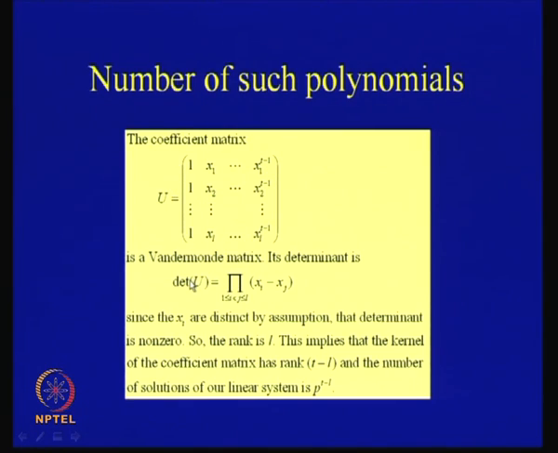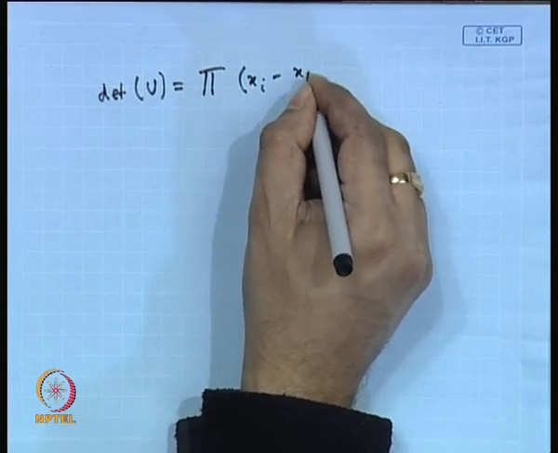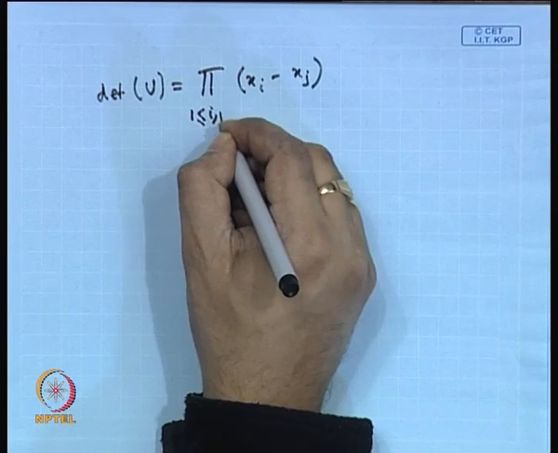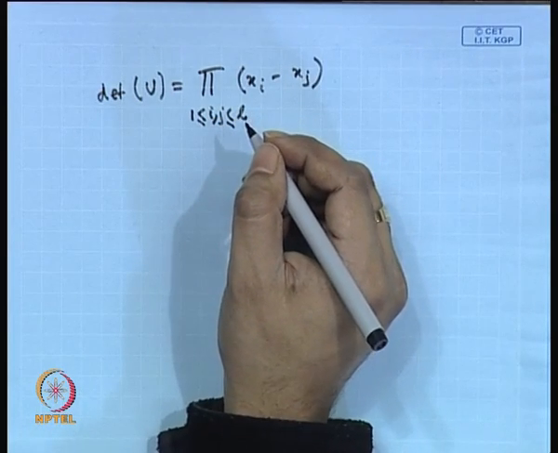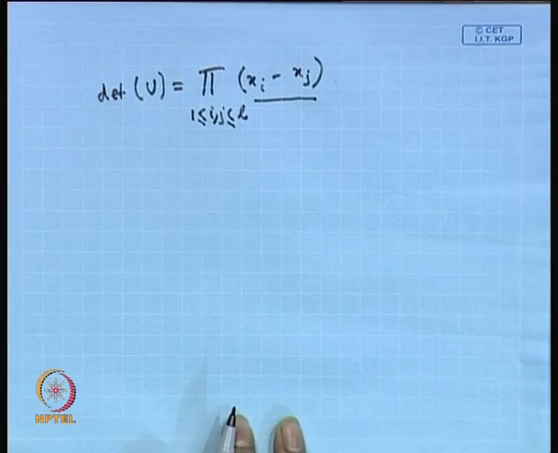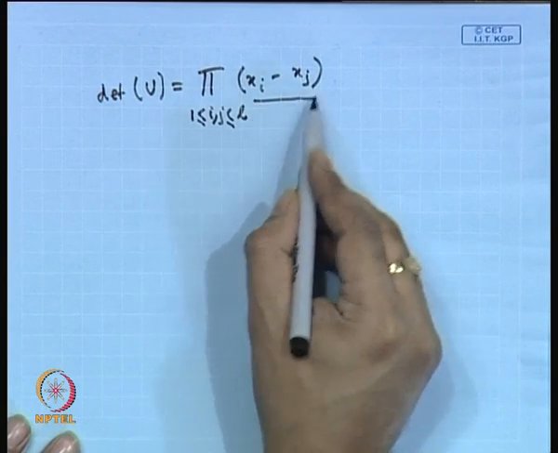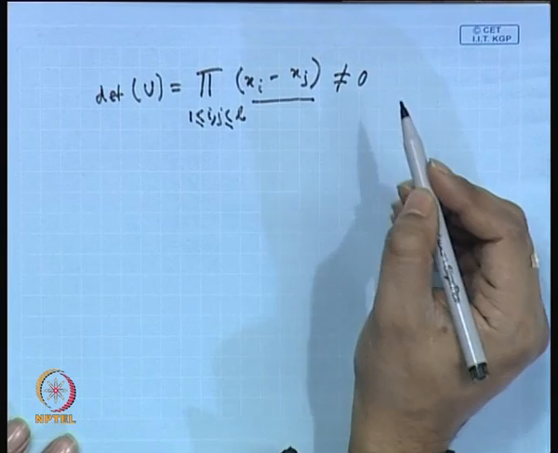This is commonly known as the Vandermonde matrix, and its determinant is given by the product of (x_i minus x_j), where i and j run from 1 to L. Note that if x_i and x_j are always distinct, that is, they are never the same, that is all the x values are distinct, then this is a non-zero determinant.